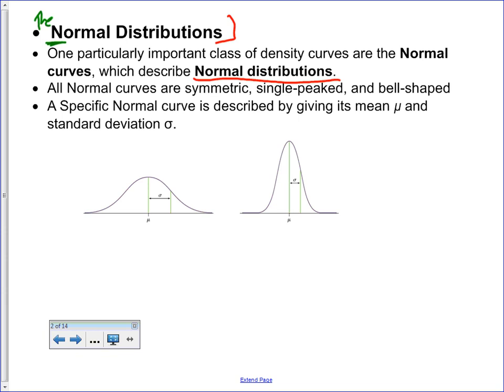A specific normal curve is described by giving its mean, which is the center, and its standard deviation. And since we're talking about entire populations, we will not be using x bar and s sub x. Instead, we will be using mu and sigma because it's the entire population.